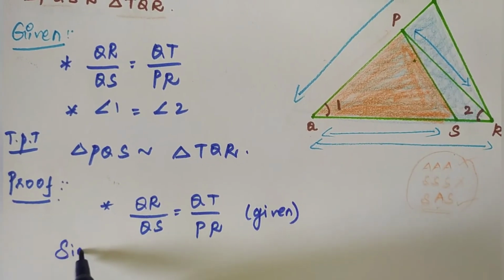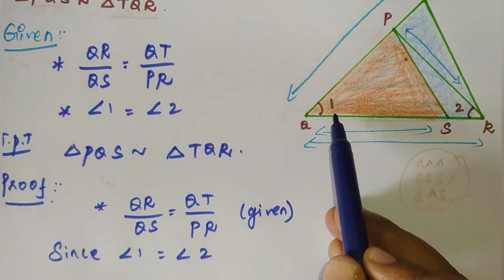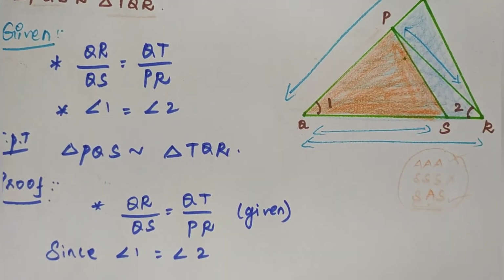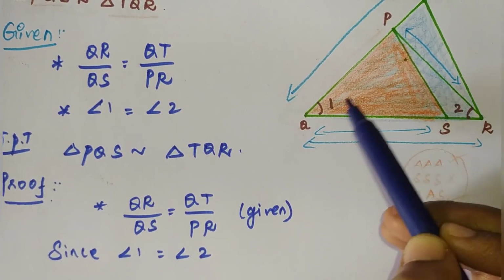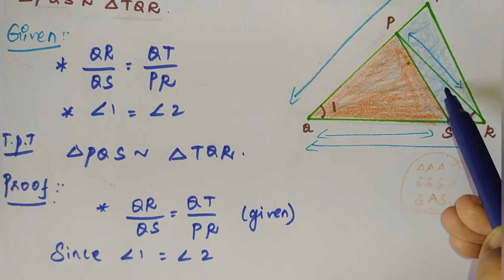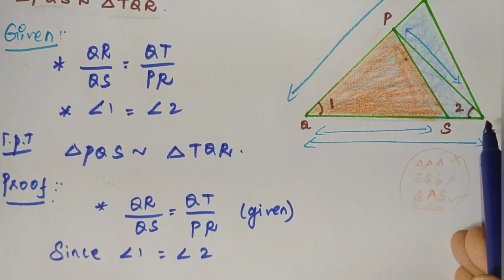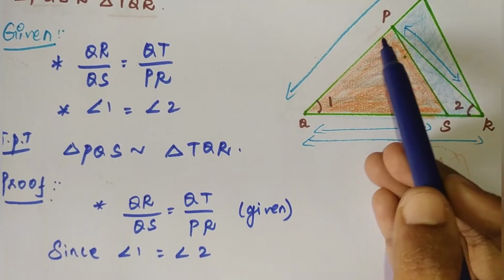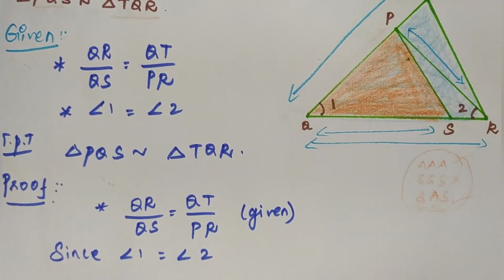Then the second given is, since angle 1 is equal to angle 2, I can tell the sides opposite to the equal angles are equal. Angle 1's opposite side is PR. Angle 2's opposite side is PQ. So I can tell that PR is equal to PQ. Clear?